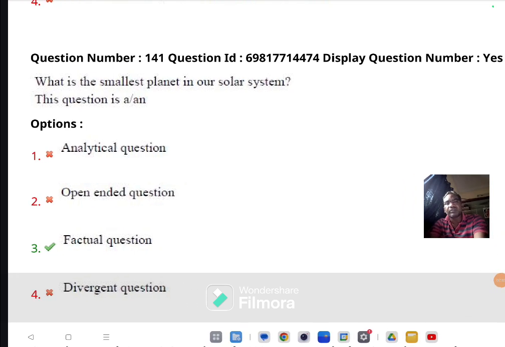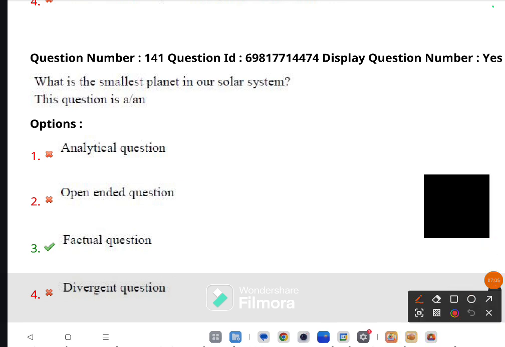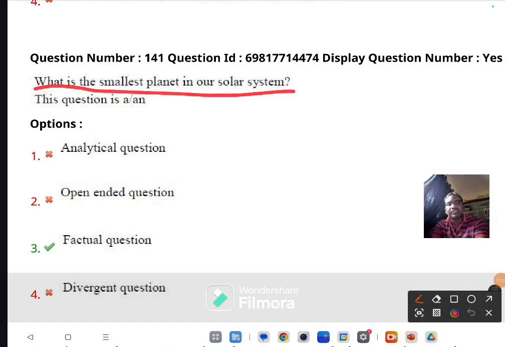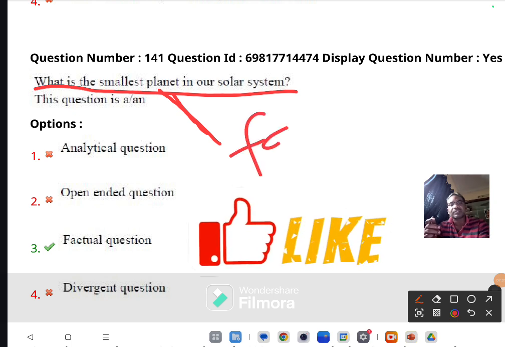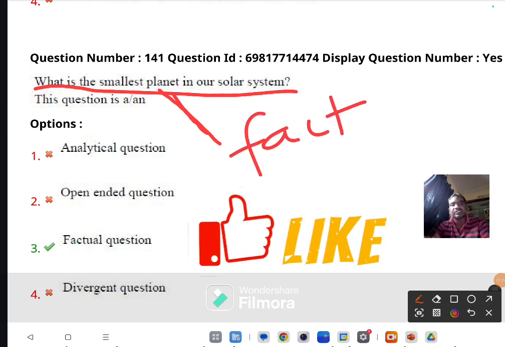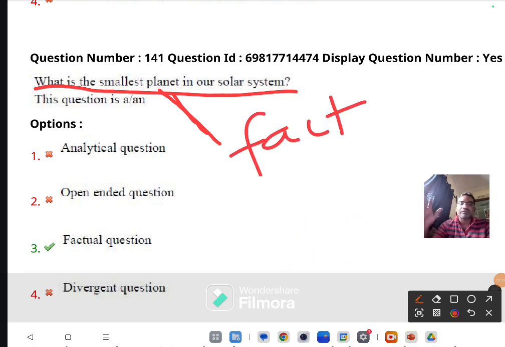You just look at it and try to understand what this question is expecting from the students. The student has to identify what is the smallest planet which exists. It's about a fact. The question is looking for a fact.